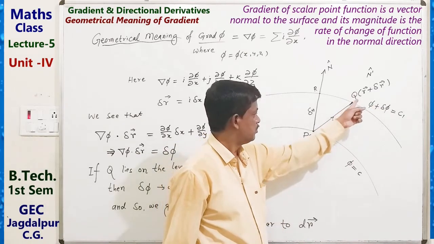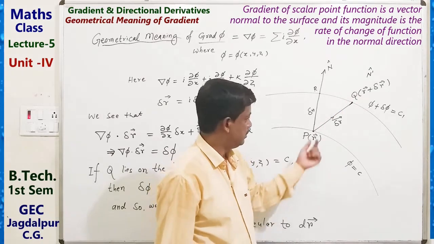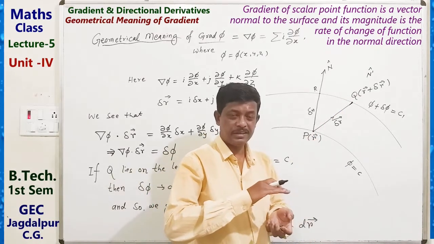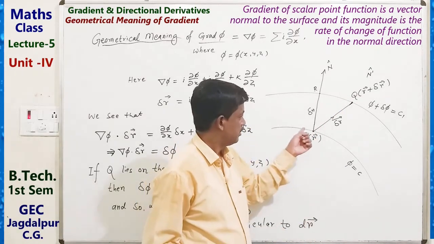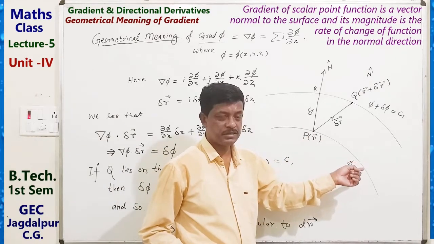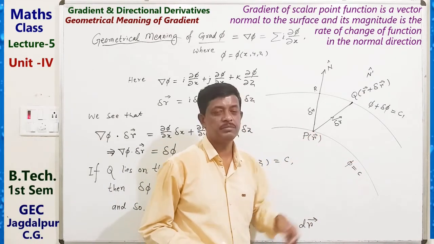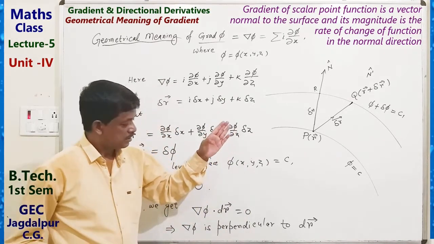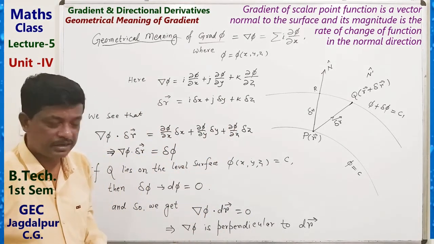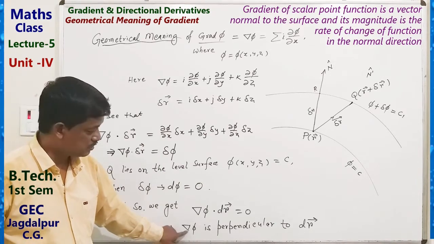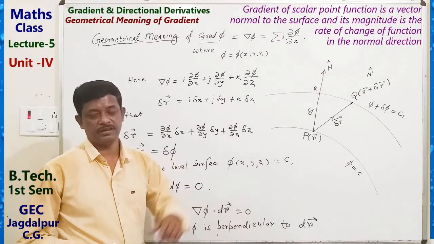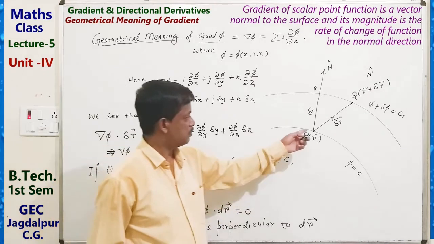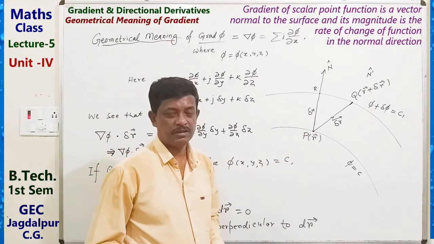That is, q tending to p, and this is a line to the surface phi equals c at p. Okay. So here we see that del phi is perpendicular to every line to the surface at P.